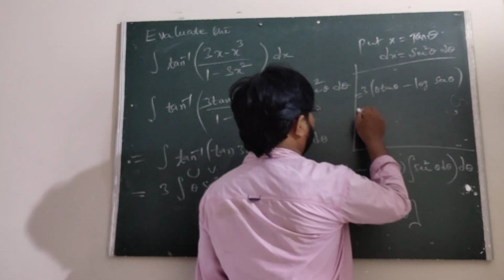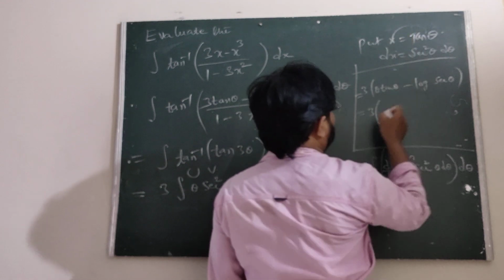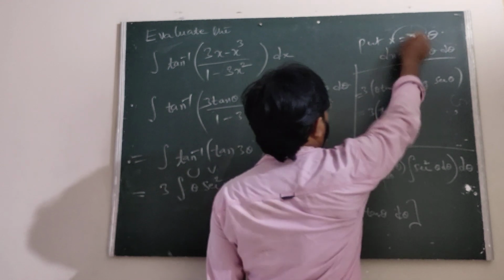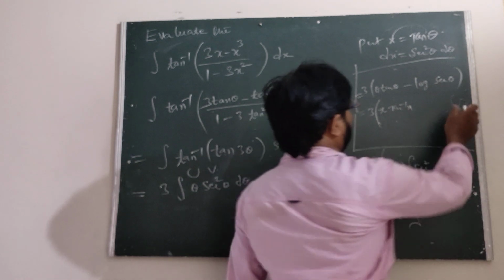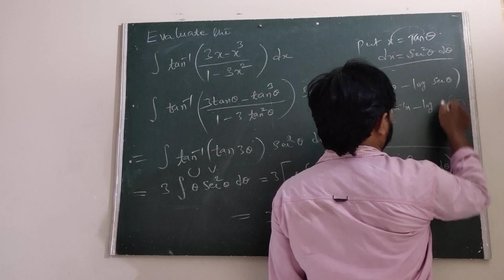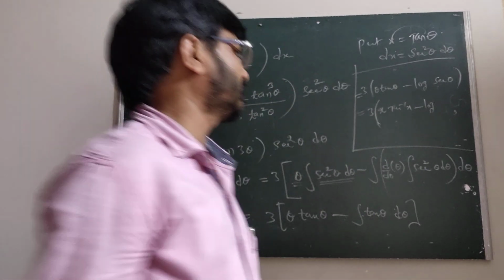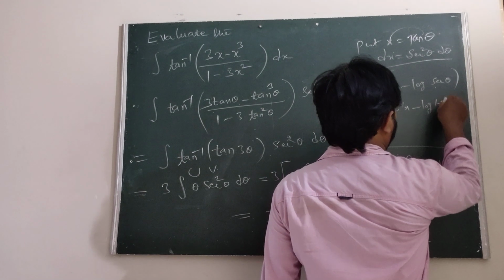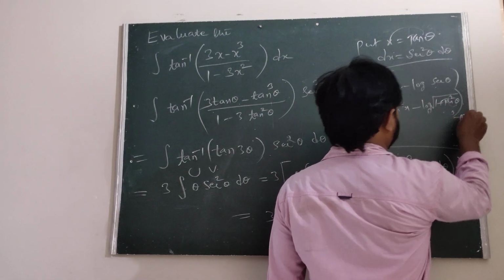Therefore, we can write 3 into tan theta, which is x. Theta is tan inverse of x. Log mod of secant theta: we know that secant square theta is 1 plus tan square theta, so 1 plus tan square theta under root, plus c.